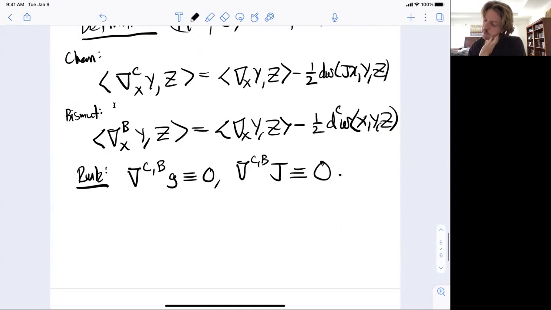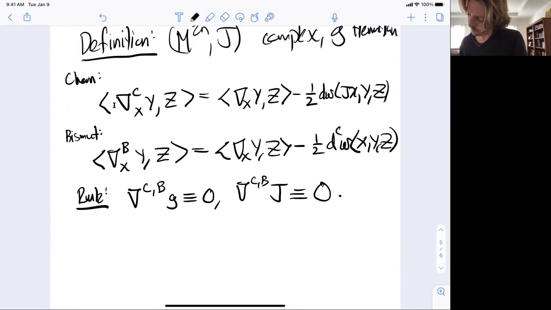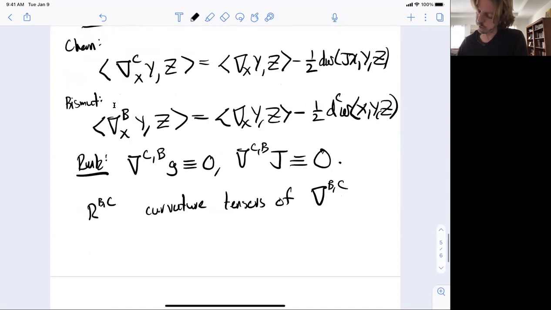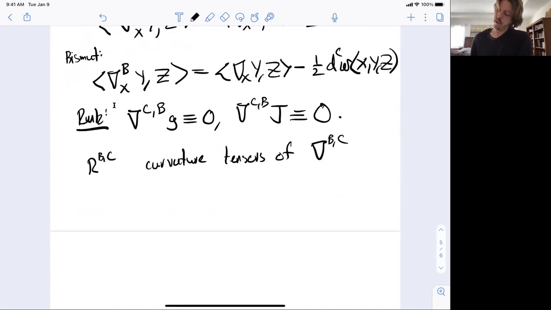Using these, we further define R^B, R^C, the curvature tensors of these connections respectively. And then we'll also get these Ricci forms, ρ^B, ρ^C.